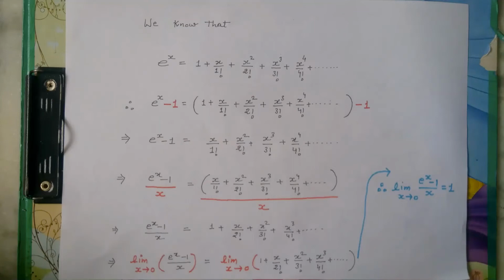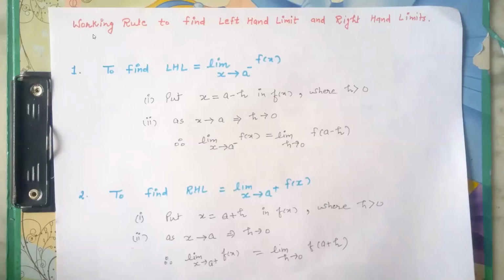As soon as we put x equal to 0, that is x approaches 0, all those terms become 0. So the result is limit x approaches 0, e power x minus 1 upon x, is equal to 1.